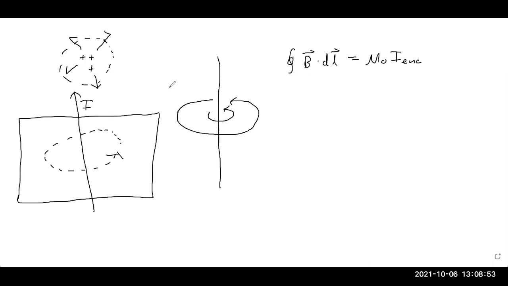So for Gauss's law, you wouldn't count charges that are outside your bubble. And for Ampere's law, we don't count currents that don't pass through our loop.